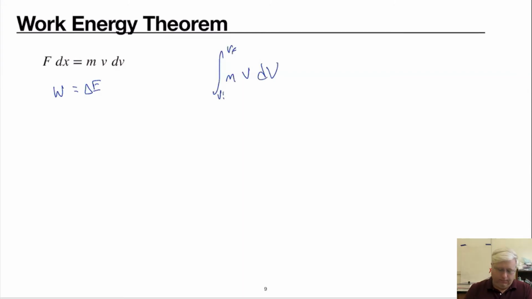We can simplify this a bit because we know the mass is not going to change. Mass is a constant, so we can pull that out of the integral. Then if we evaluate this integral, we'll have m times 1/2 v squared, evaluated from v initial to v final.